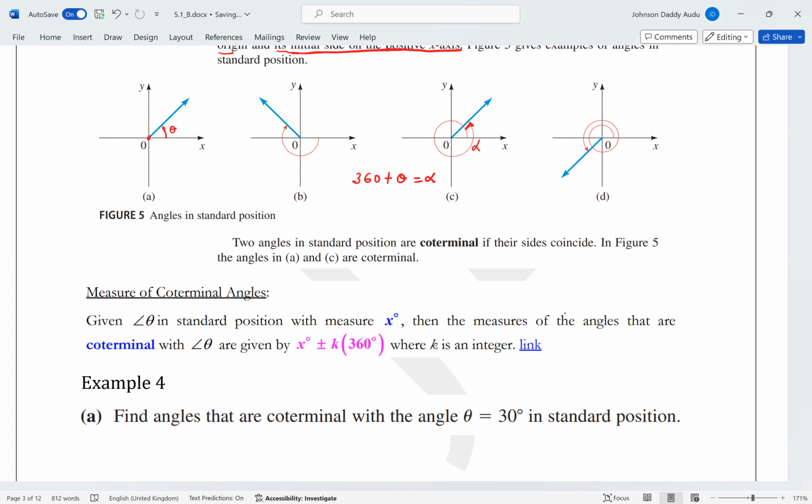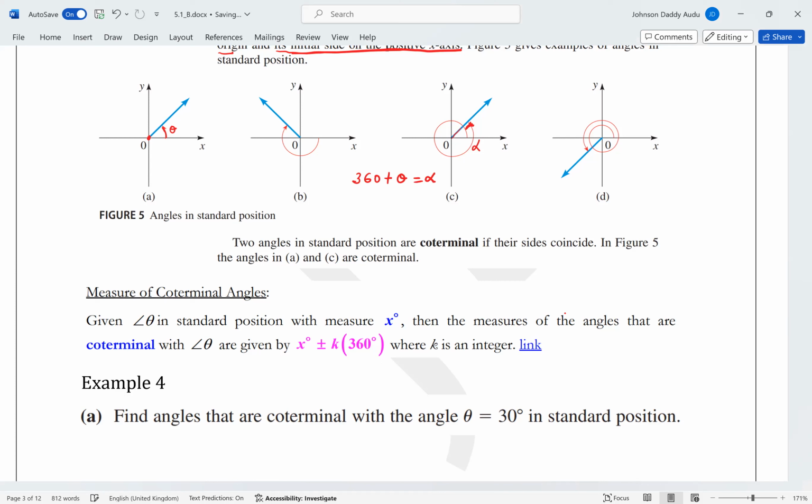But they still share the same terminal side because this blue line is in the same position, right? So we say that these two angles, theta and alpha, are coterminal. In other words, they share the same terminal side.